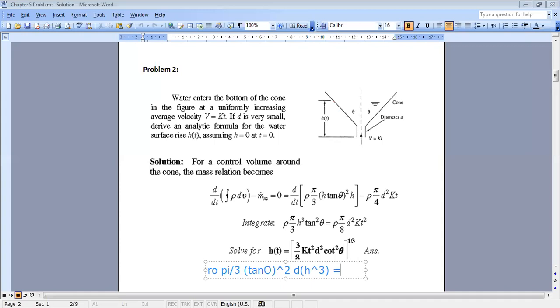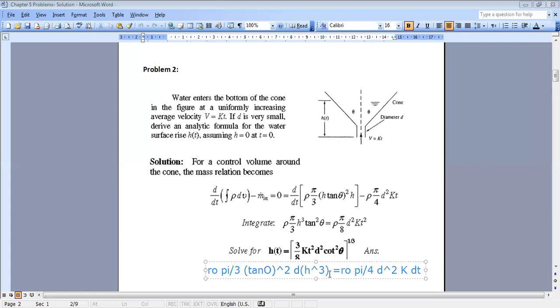So taking dt to the other side, you have equals to rho times pi over 4 times small d squared times k dt.